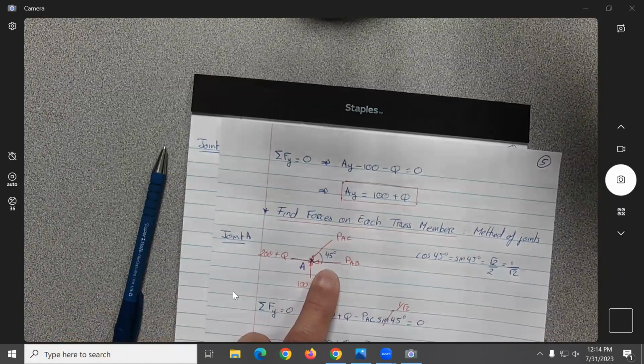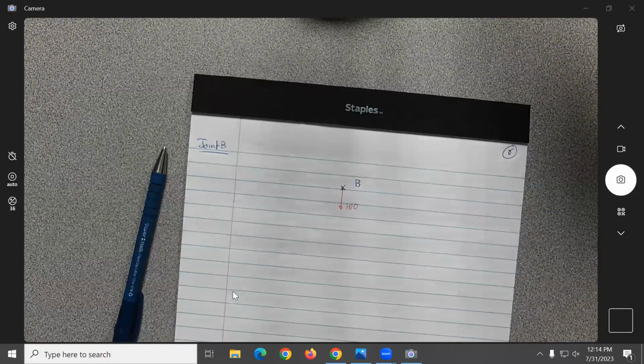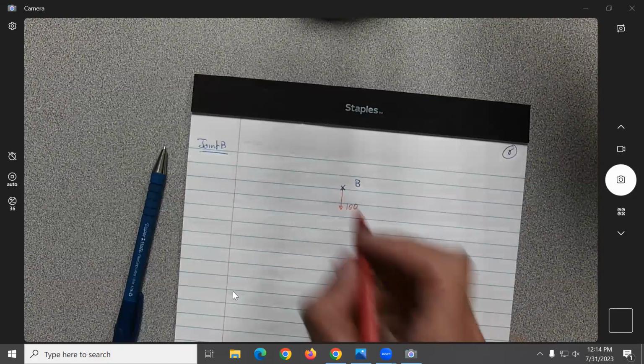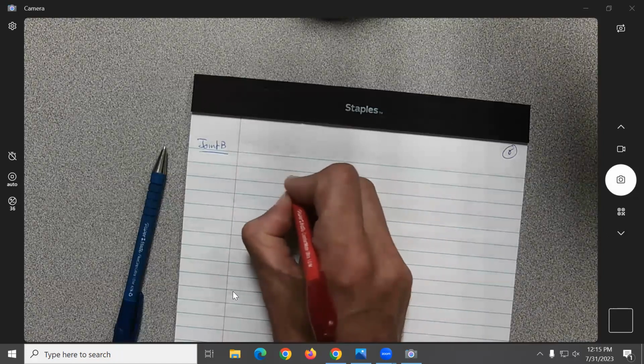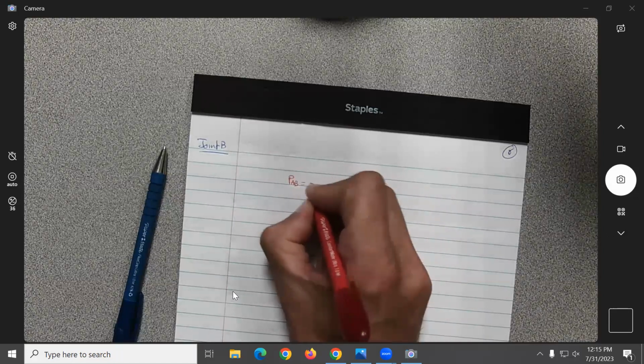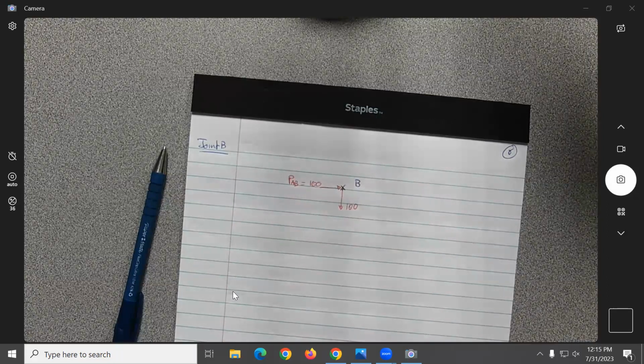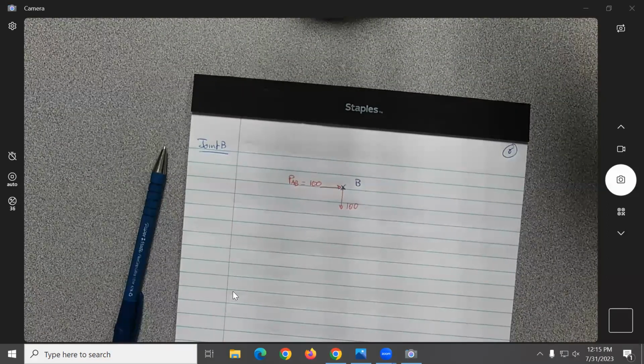Action reaction for PAB. So now PAB equal to 100, no? Yeah, action reaction.